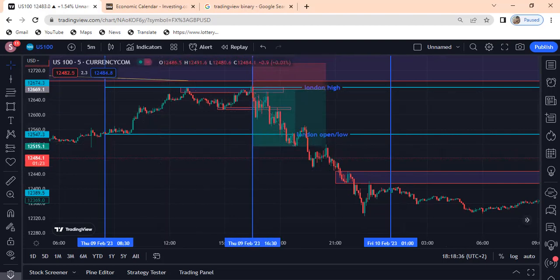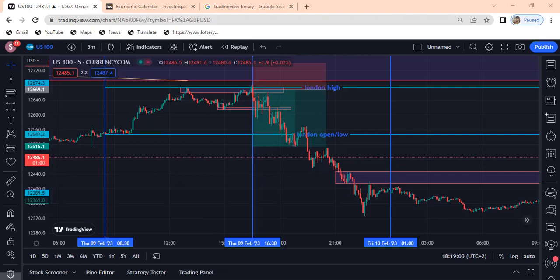If you look at this rough drawing that I have here, it basically explains that setup. It usually is the London Open. I was doing this with you, if I'm not mistaken, right?